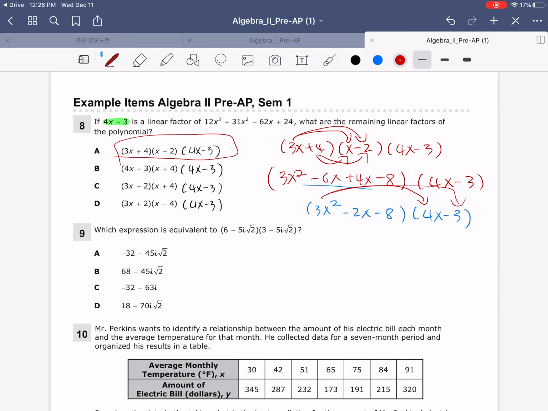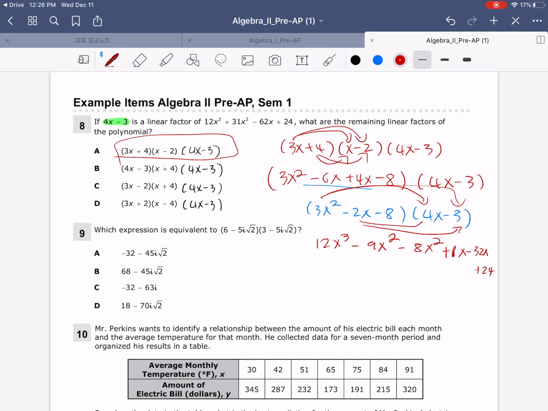Just like that. It's easy, like 12x cubed minus 9x squared minus 8x squared plus 6x minus 32x plus 24, like that.